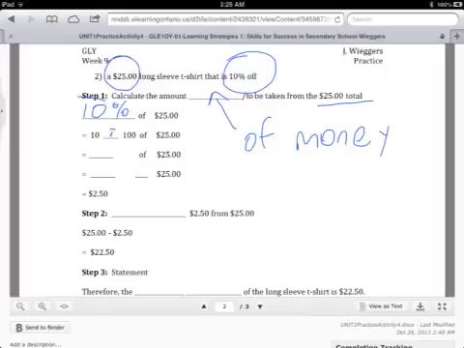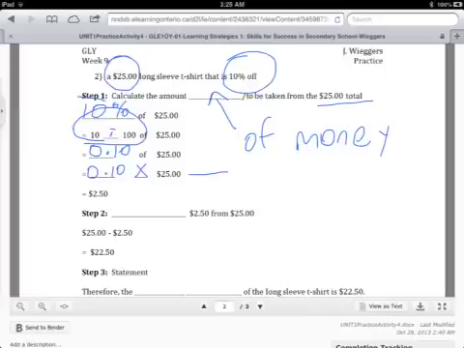When you punch 10 divided by 100 into your calculator, you're going to get 0.10 as your answer. So 0.10 of $25 is the same thing as 0.10 times $25.